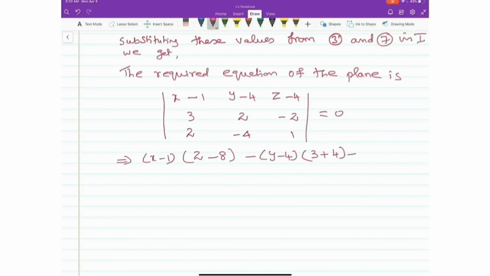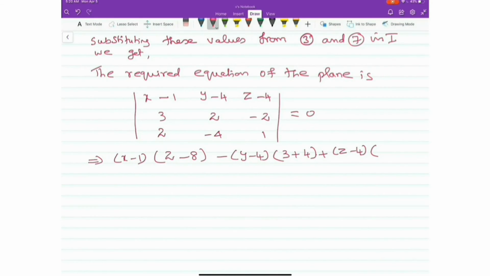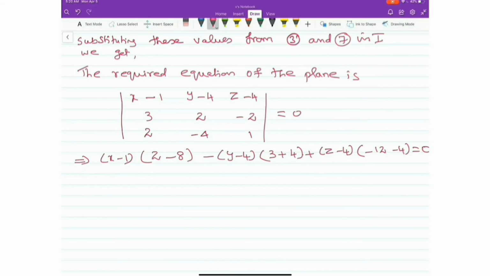Then plus (z minus 4) into, leaving the first row and third column, I will have minus 12 minus 4, should be equal to 0. When I simplify this further, I will be getting minus 6 into (x minus 1), minus 7 into (y minus 4), minus 16 into (z minus 4) equal to 0.